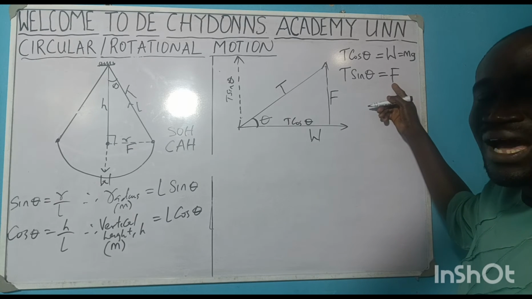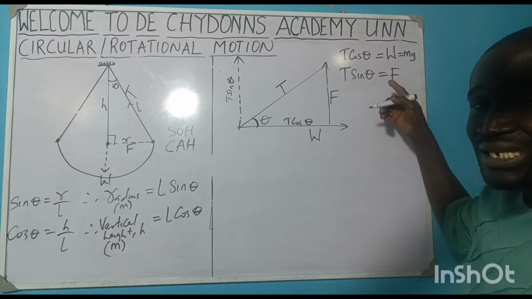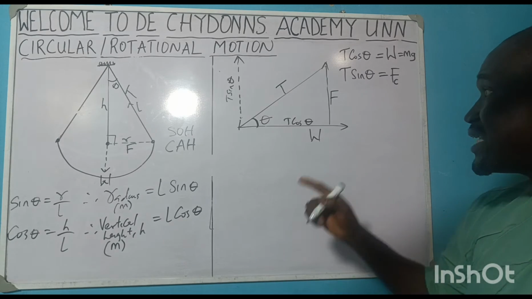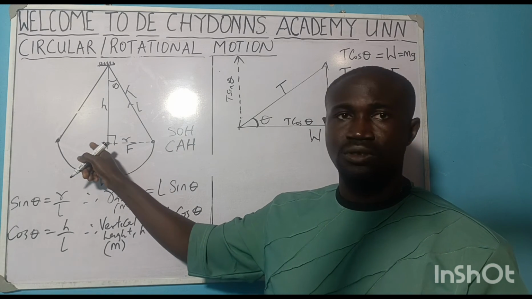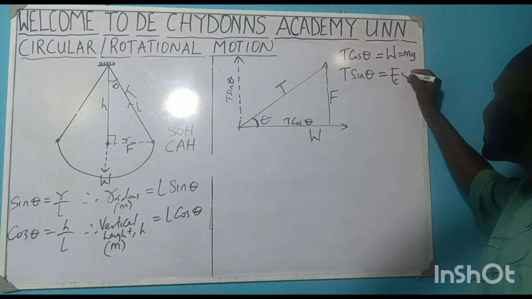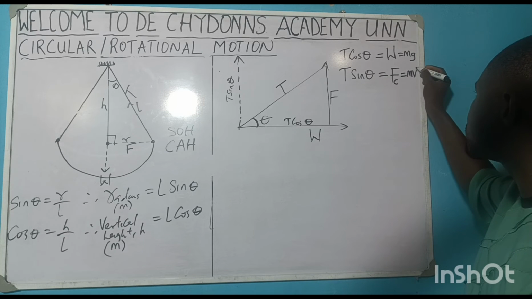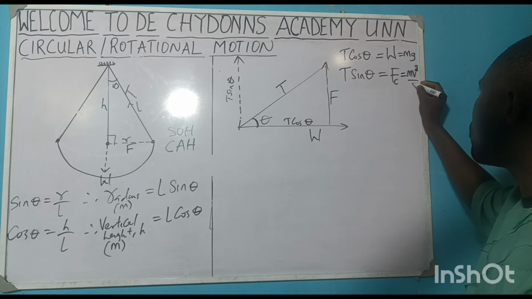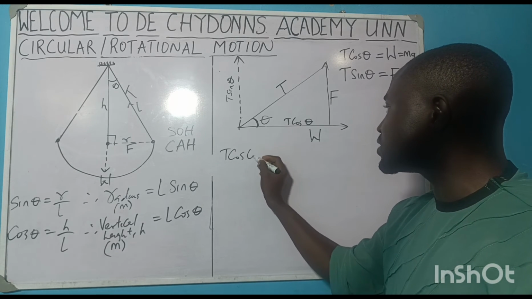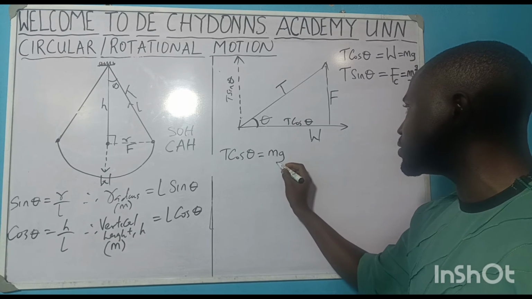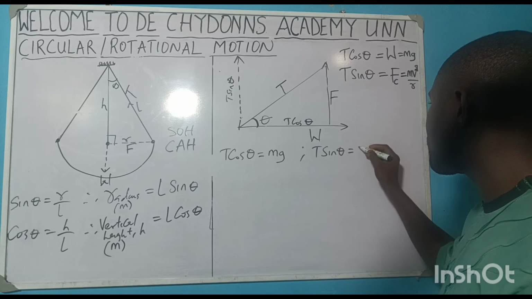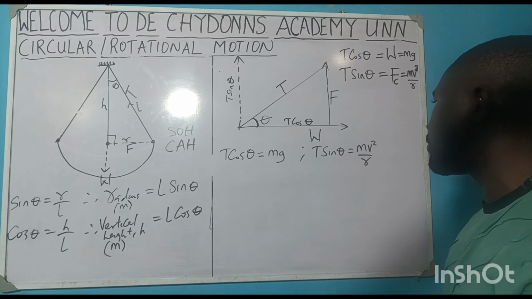Force of a body undergoing circular motion, in this case horizontal circular motion, is called centripetal force, which is always directed towards the center, and it is equal to mv squared over r. So we have T cos theta equals W, which equals mg, and T sine theta equals Fc, equals mv squared over r.